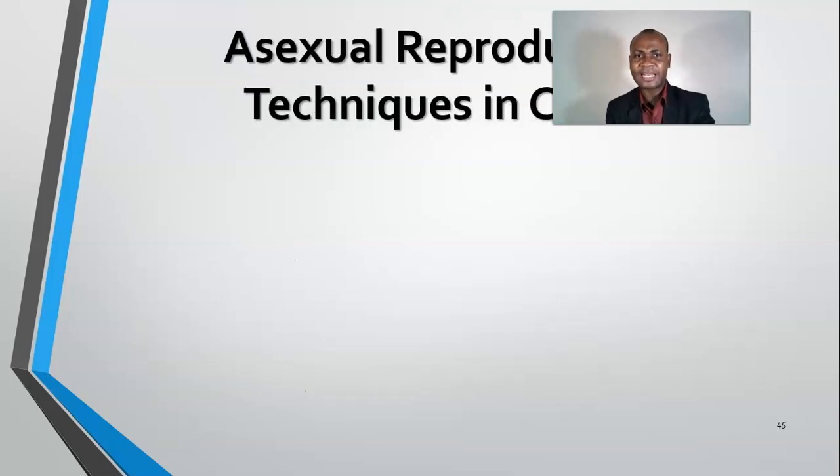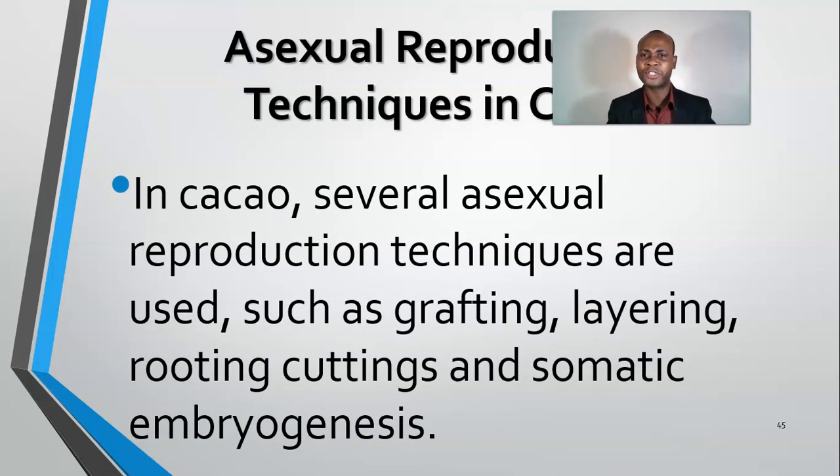Like I said, you have to use vegetative propagation in raising new seedlings on the farm. So in cacao, several vegetative reproduction techniques are used, such as grafting, layering, rooting cuttings, and somatic embryogenesis. These are some of the practical vegetative methods that you can use on the farm.